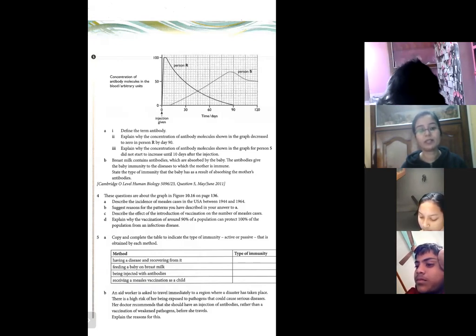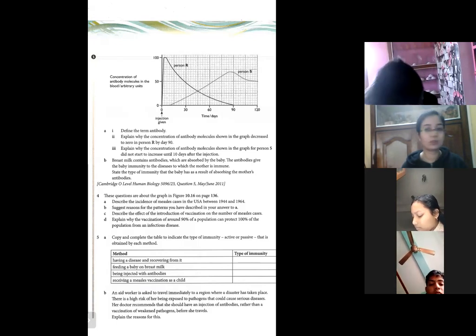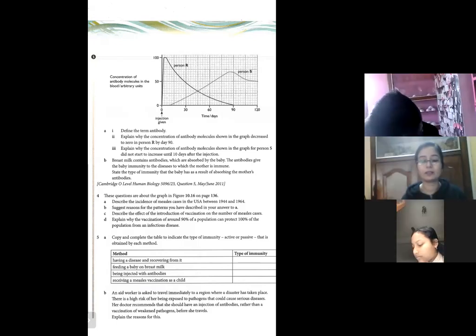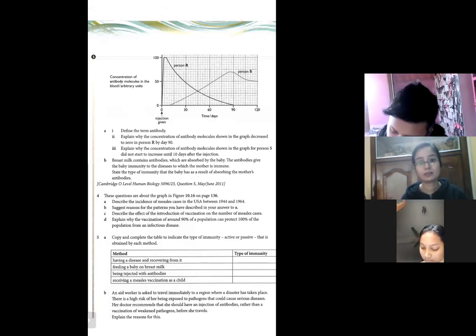Protect them from many diseases, from various diseases.